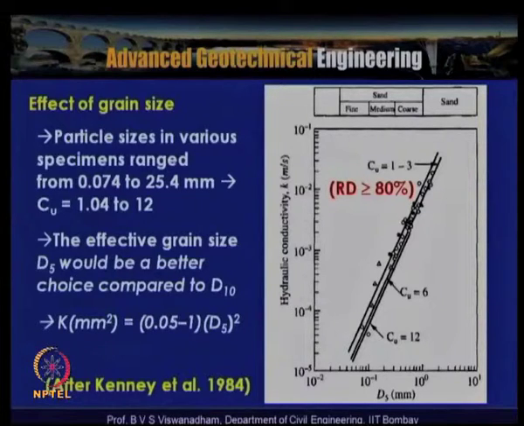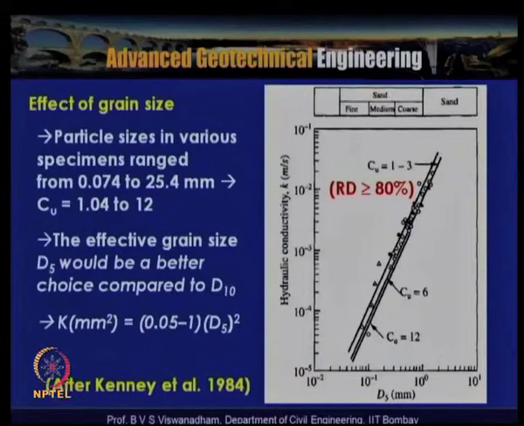This particular correlation is presented by Kenney et al. 1984, with D5 on the x axis, represented on a log scale, and the hydraulic conductivity K on the y axis. All sands placed at a relative density of 80% or greater were considered, and the particle size of the sands used in the various specimens ranges from 0.04 to 25.4 mm, with a coefficient of uniformity in the range of 1.04 to 12.